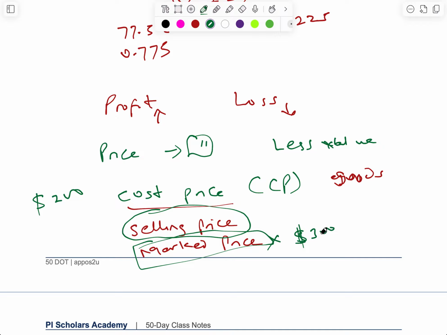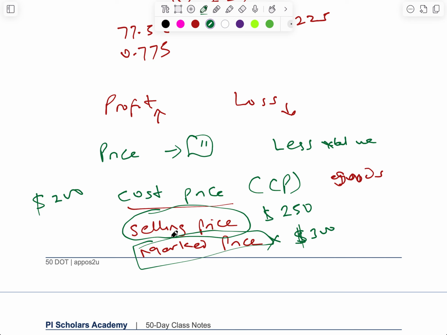Maybe I need to reduce the price because people now have a lot of different varieties of these things. So maybe at the end of the day, you sold it for 250. So selling price and marked price are not the same thing, although sometimes they can be. That is, you have marked the price that you intended to sell the product at 300 US dollars, then eventually you sell it at that. So what is selling price?